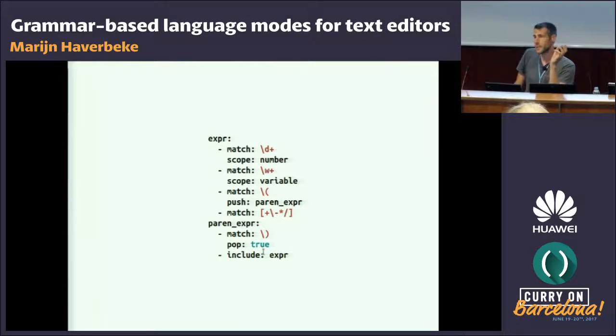If you see letters, call it a variable. If you see a parenthesis, move to the parentheses context. And if you see an operator, just continue here. And then the parent context just says if I see a closing paren, go back. So this tracking of context is kind of useful for things like indentation and sometimes also styling.